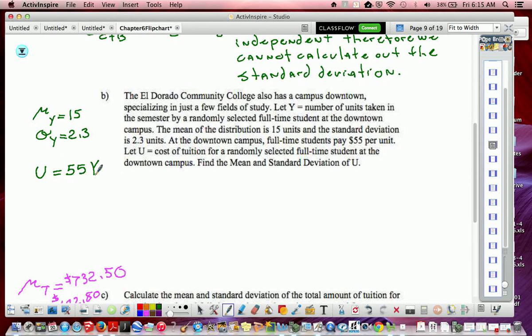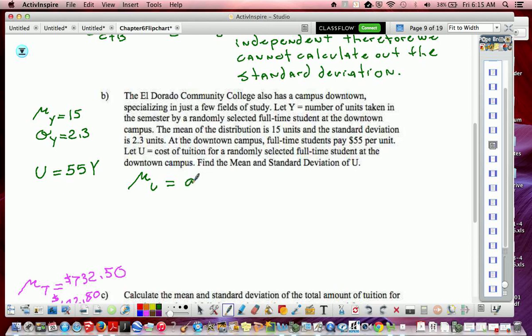So what I need to now do is calculate the mean of U. According to my linear transformation, it's A times the mean of Y plus B. I apologize, I flipped those variables and I do that all the time. So let me just go back and do a quick correction.